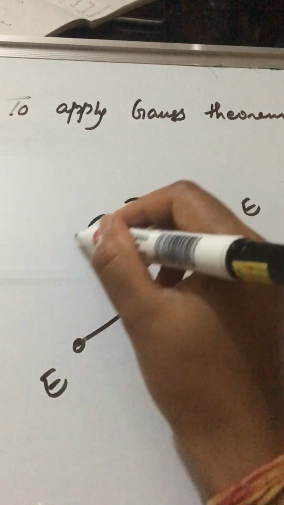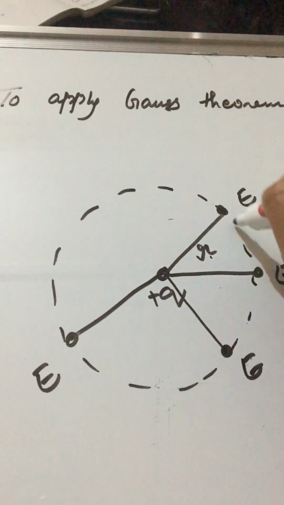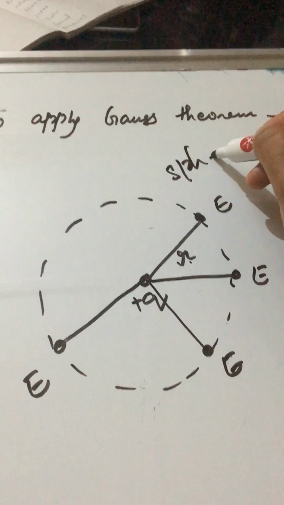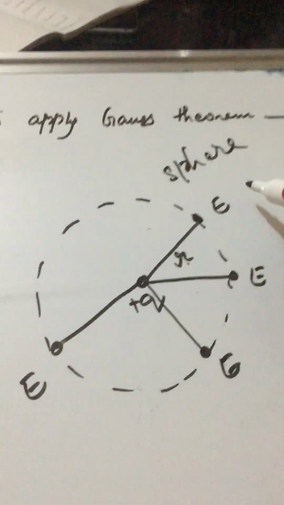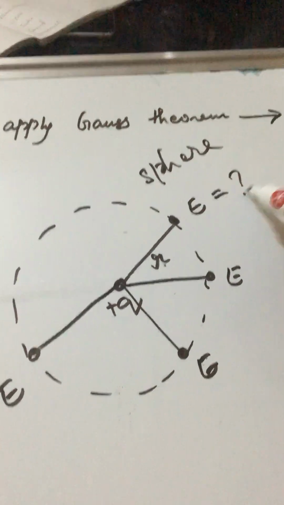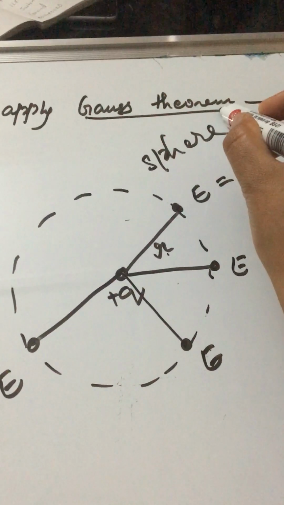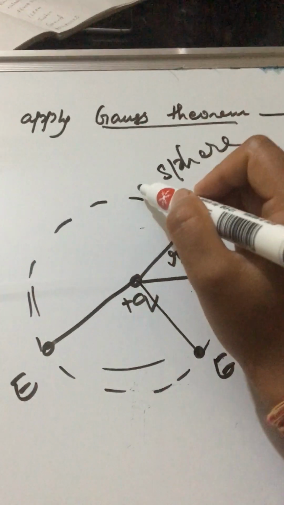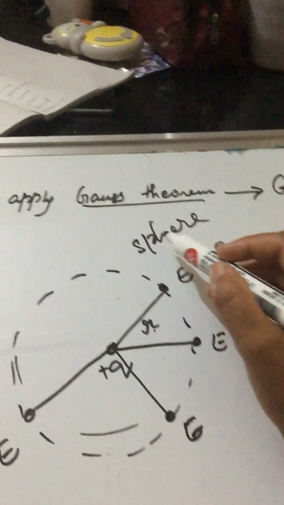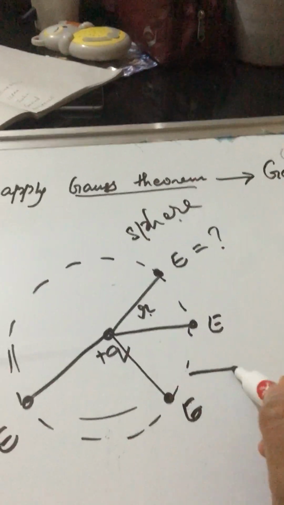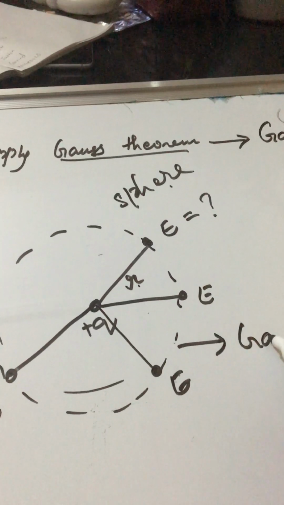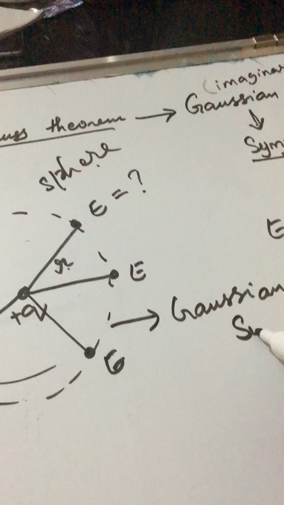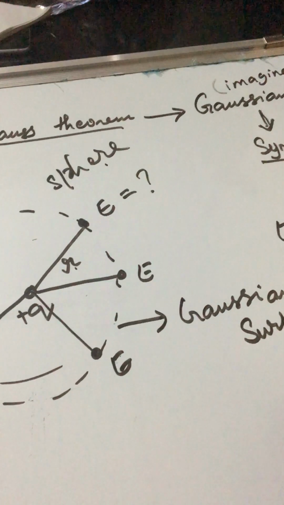If we join these points, then what will it be in 3 dimensions? It will be a sphere. So if I want to find the electric field by the use of the Gauss theorem, what type of Gaussian surface do I need to consider? The Gaussian surface has to be a sphere. This is a Gaussian surface.